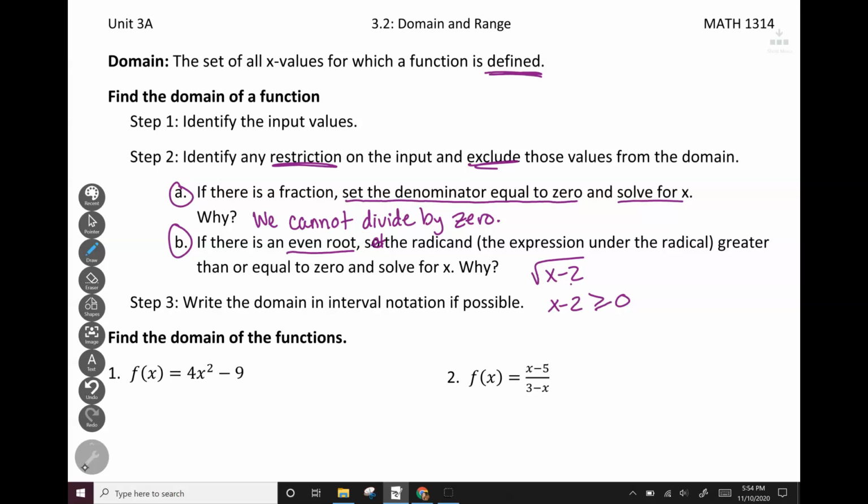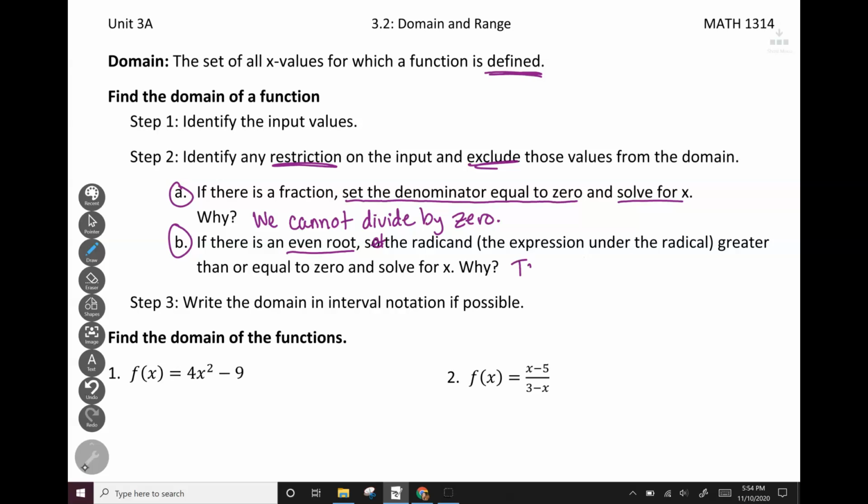If x minus 2 is negative, then I'm taking the square root of a negative number, and that would give me an imaginary y value. So why? Because it would give you an imaginary y value.